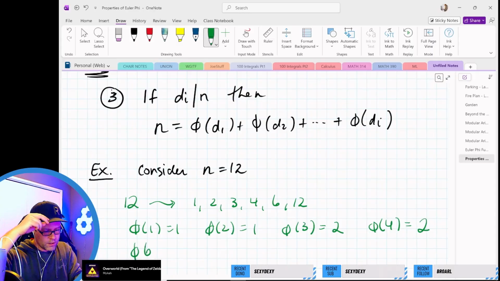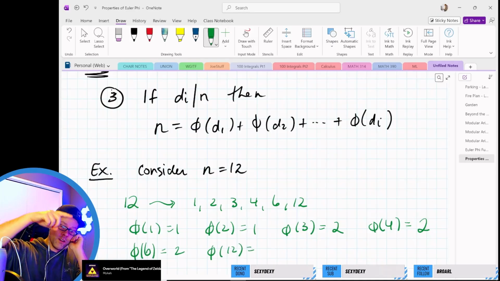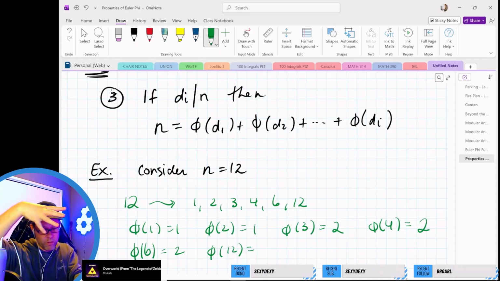Phi of 6 is 1 and 5, so also 2. And then phi of 12, what's that going to be? That's going to be 1, 2, 3, 4, 5, 6, 7, 8, 9, 10, 11. So it'd be 4.